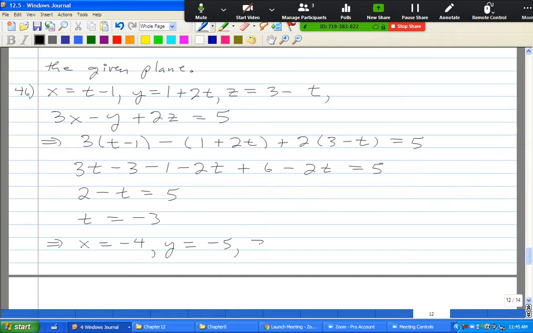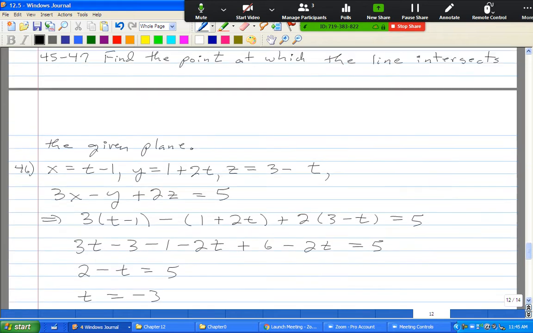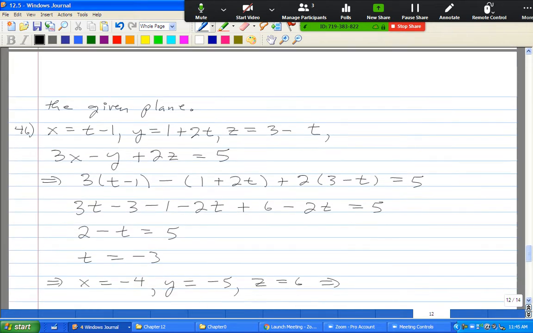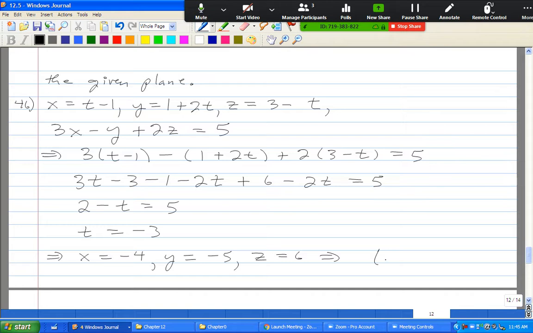And z is equal to 3 minus a negative 3, which is 6. And so the point of intersection is the point negative 4, negative 5, positive 6. And that's my point of intersection.